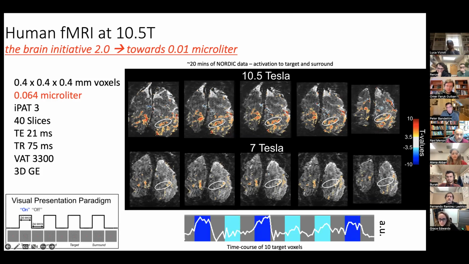I should say that both of them here are NORDIC denoised, and I'm showing single image EPI at this resolution. And here's an example of voxel time courses, again exhibiting all the response characteristics we expect for target preferential voxels. So target here is in dark blue and surround in cyan, and we can see that this voxel responds only during the target condition, not surround conditions.